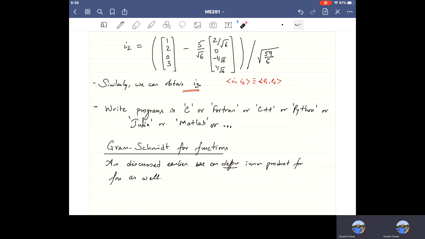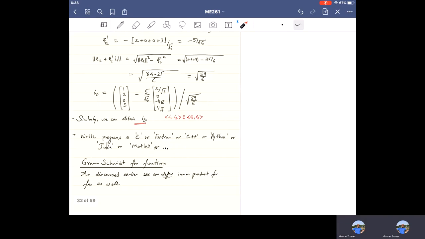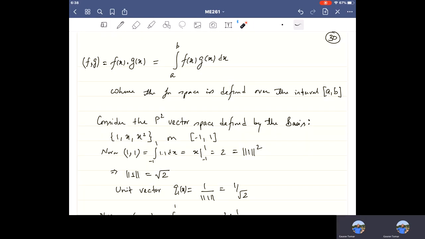That's what the function spaces will be. So of course, we have to define this quantity, the inner product, which satisfies all the properties that an inner product should satisfy. And you can check that this way of defining it by using an integral satisfies all the properties that we have listed down for an inner product space.